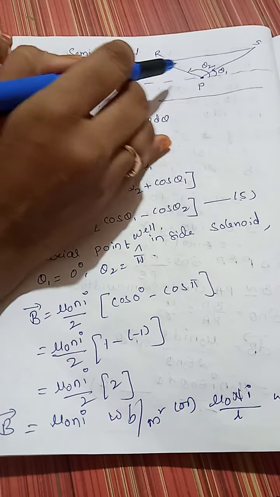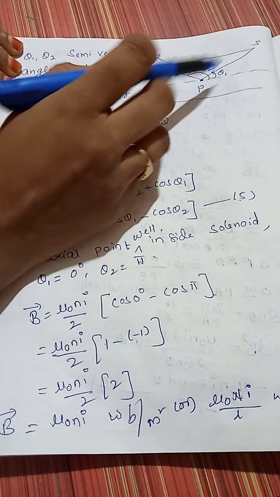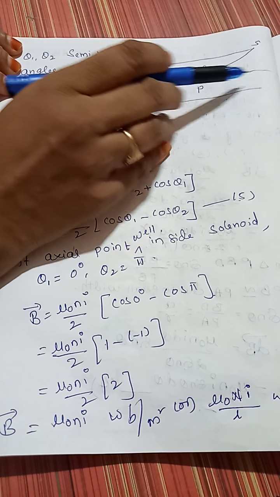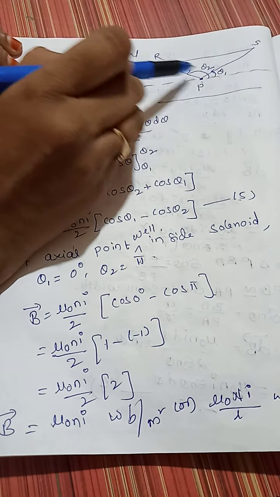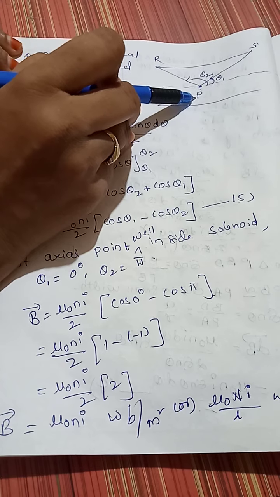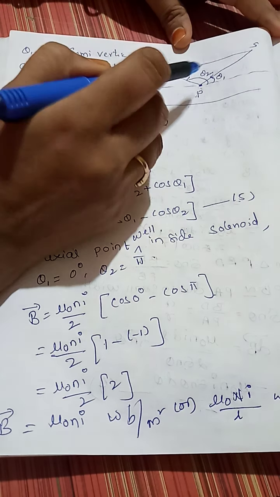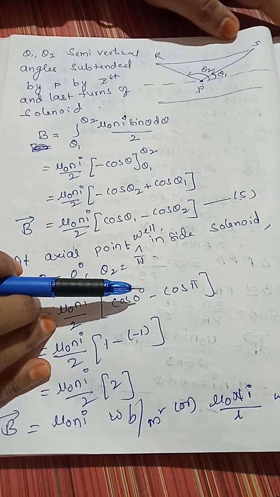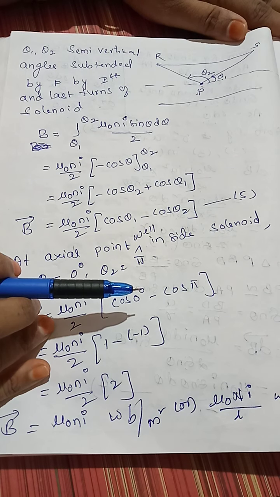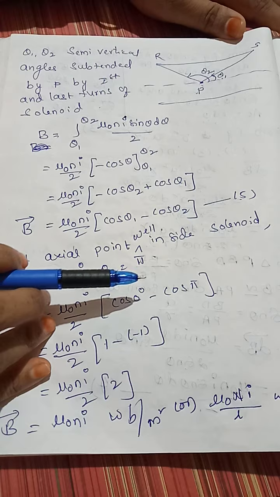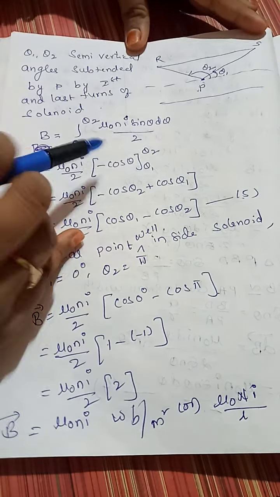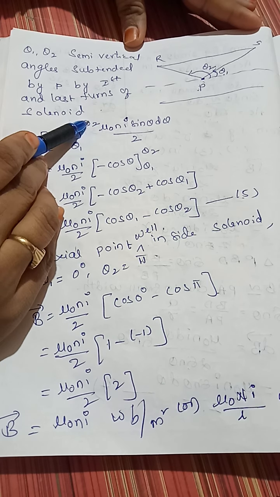For that, let us join P to R and P to S. Now PS is making an angle theta 1 with the axis, and PR is making an angle theta 2 with the axis. These theta 1 and theta 2 are the semi-vertical angles subtended at P by the first and last turns of the solenoid. So now the limits become theta 1 to theta 2.